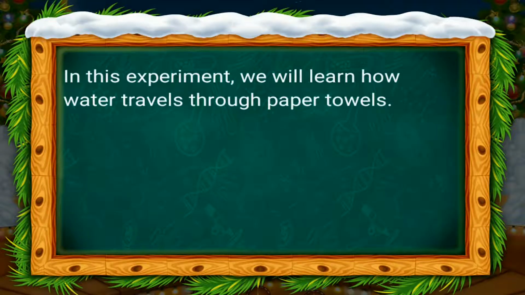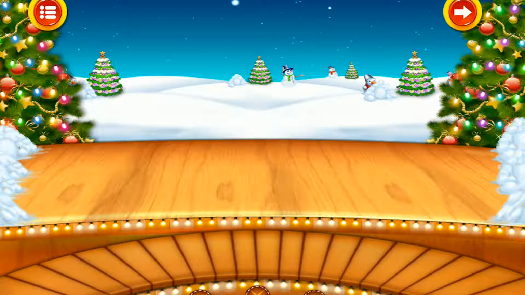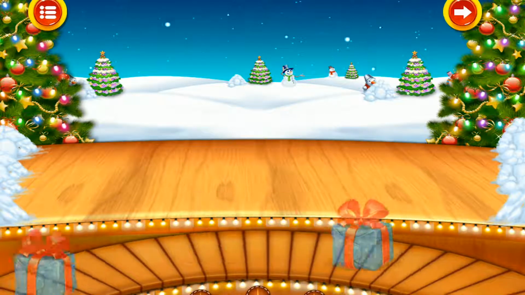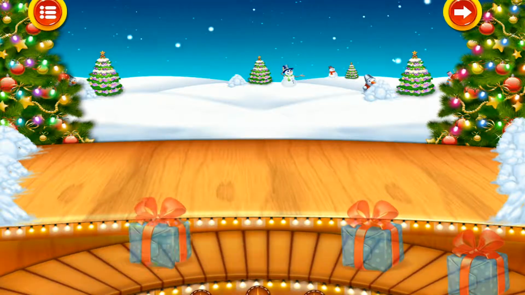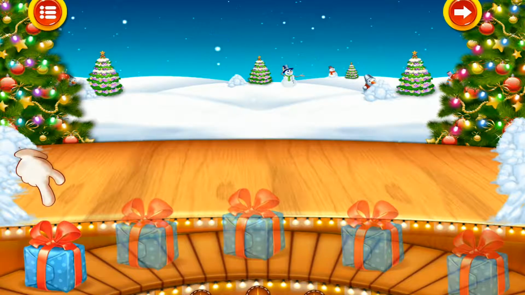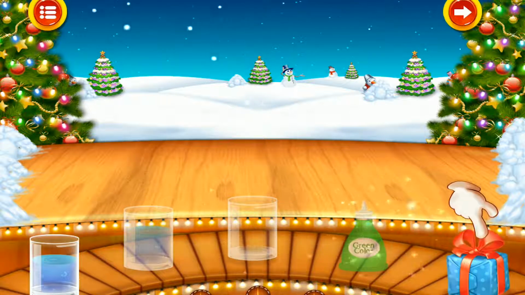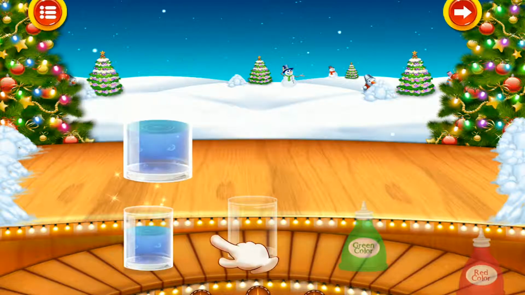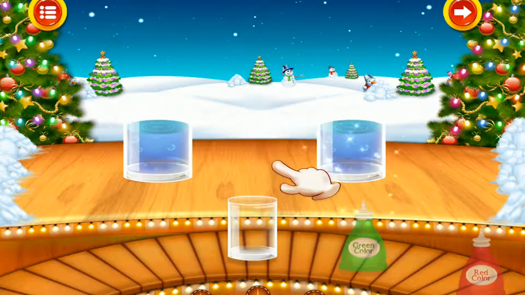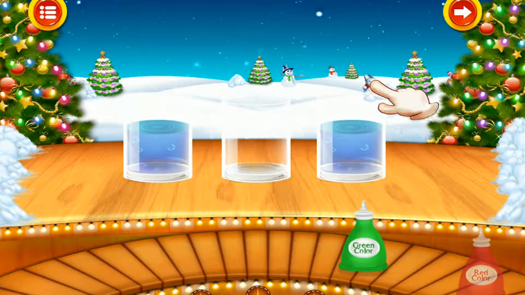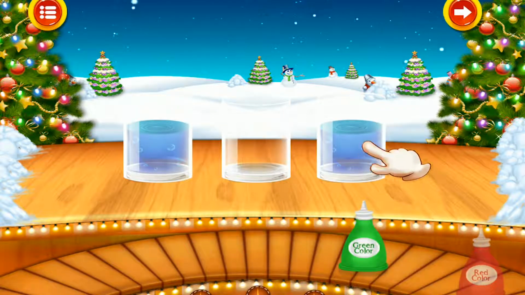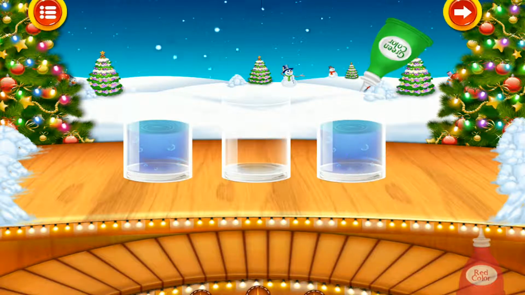In this experiment, we will learn how water travels through paper towels. Place the glass with water. Place the second glass with water. Place an empty glass between both the glasses. Add green color to one glass.